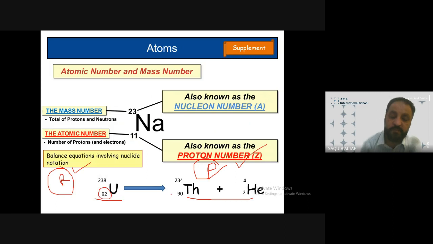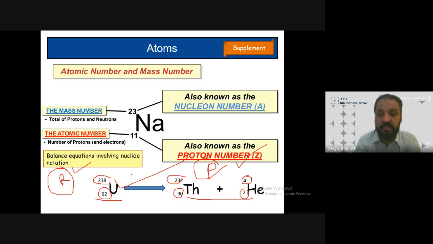On the product side, atomic number 90 plus 2 is 92. Mass number is 238, so it should also be 238: 234 plus 4 is 238. So this equation is correct. If anything is missing, a proton or a neutron, the equation will be wrong. Is it clear?